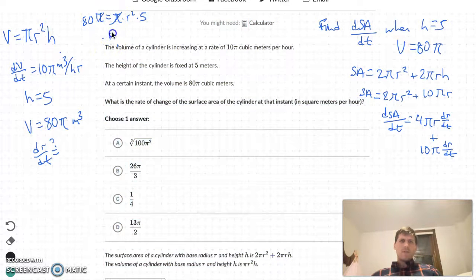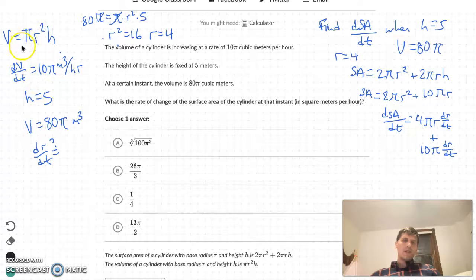Divided by 5, r squared equals 16, so the radius is 4. So I found one of the things I need to find the derivative of the surface area over time.